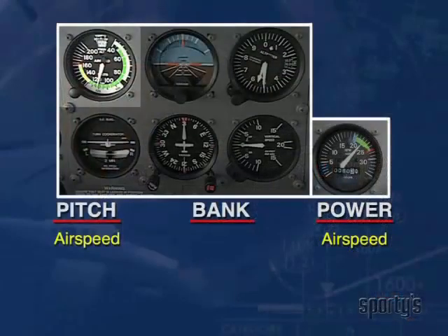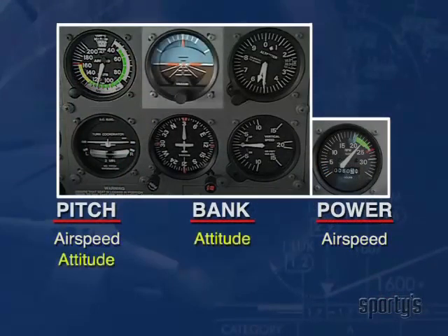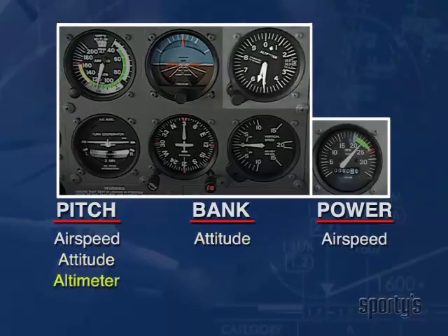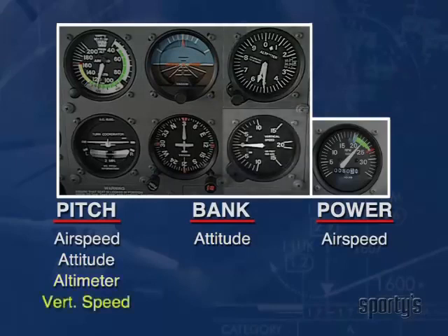Before we look at straight and level and climbs and descents, let's take a quick trip around the instrument panel to group instruments in either the pitch, bank, or power column. Starting at the top left of the T, the airspeed indicator goes into both the pitch and power columns. The attitude indicator is equally at home in the pitch and bank columns. You've probably already put the altimeter in the pitch column. Continuing clockwise, the vertical speed indicator completes the pitch instruments.